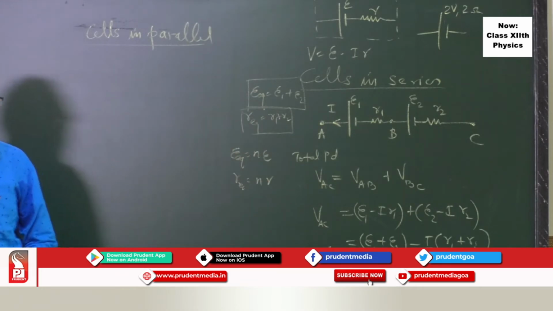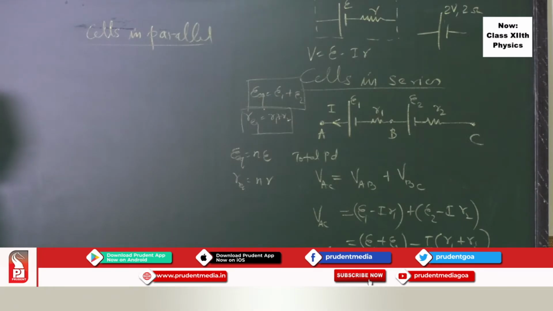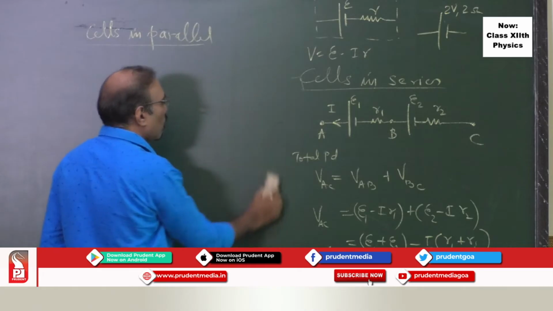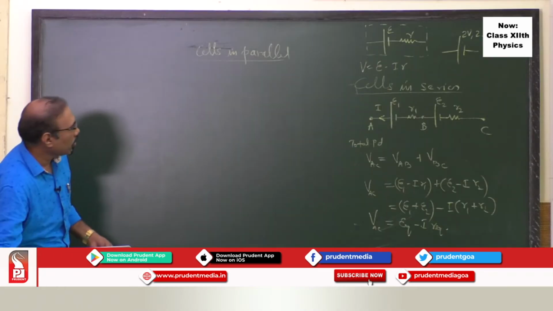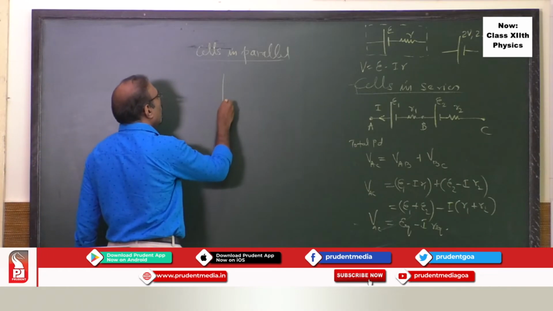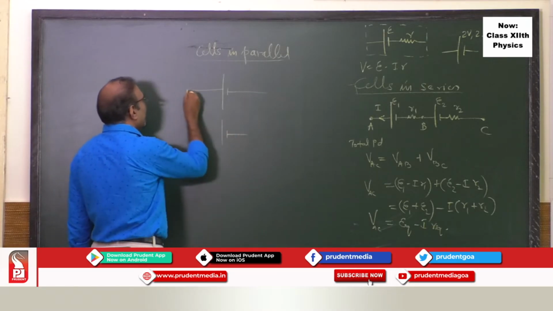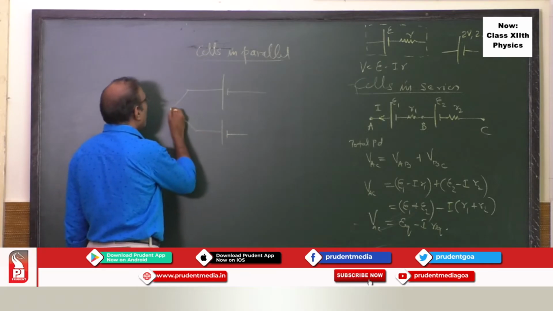Now, we will see cells in parallel. What will be the situation in that case? So, now we have cells in parallel. We can draw how the cells will be in parallel. This is one cell, this is another cell. They are connected between two common points.